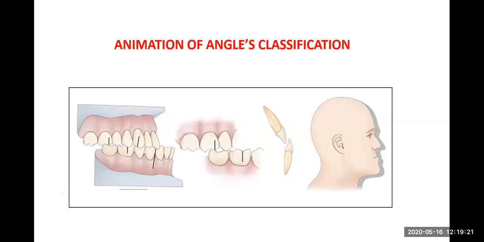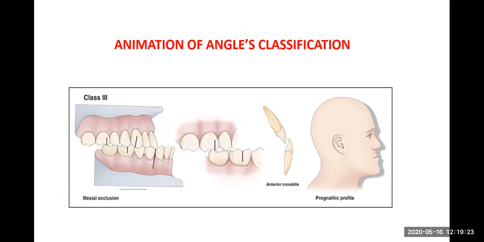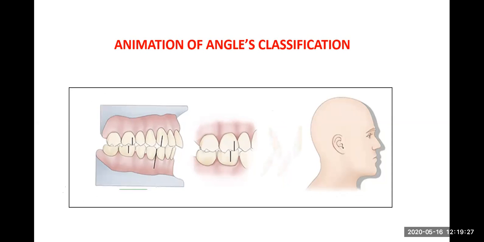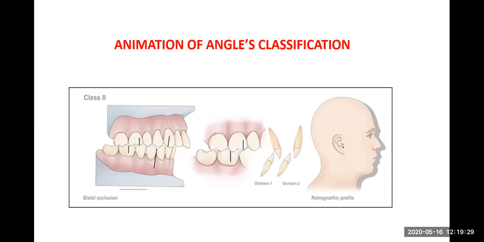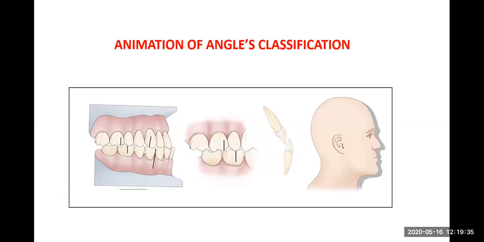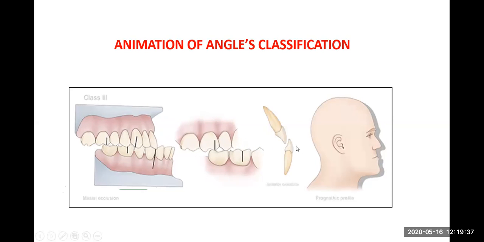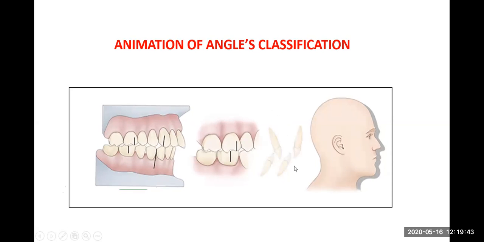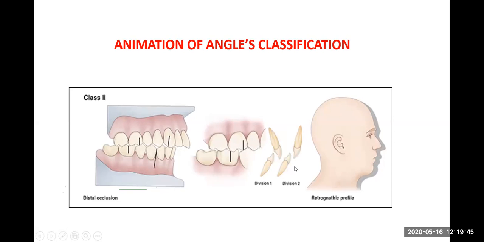You know, the reference point in all these cases is always the first maxillary permanent molar. This animation shows you the relationship. If you observe very well, in class 3 you see how the lower anterior is overlapping the upper.